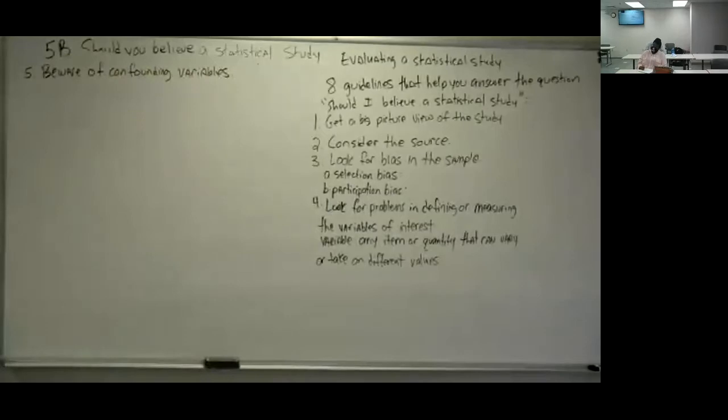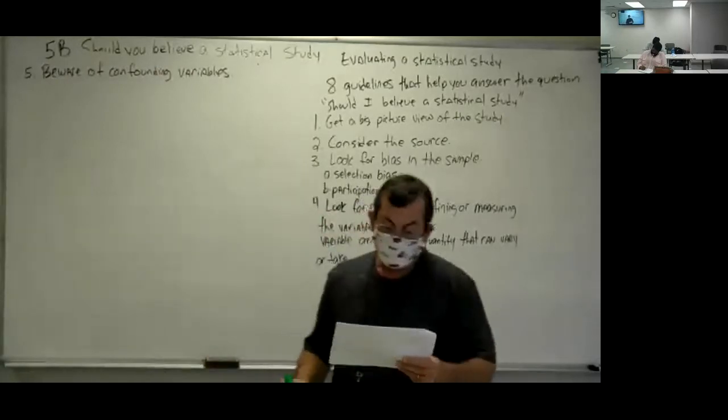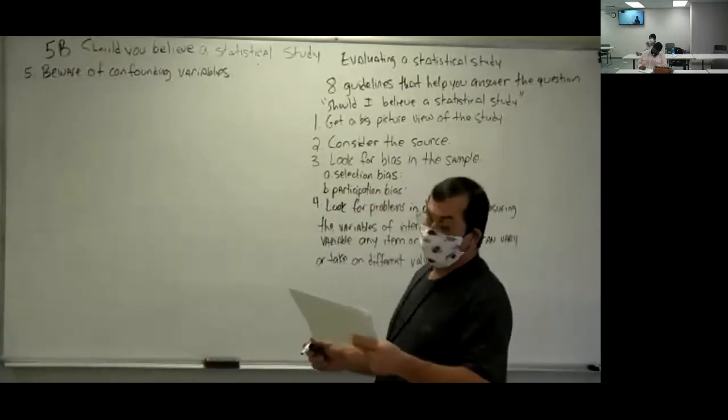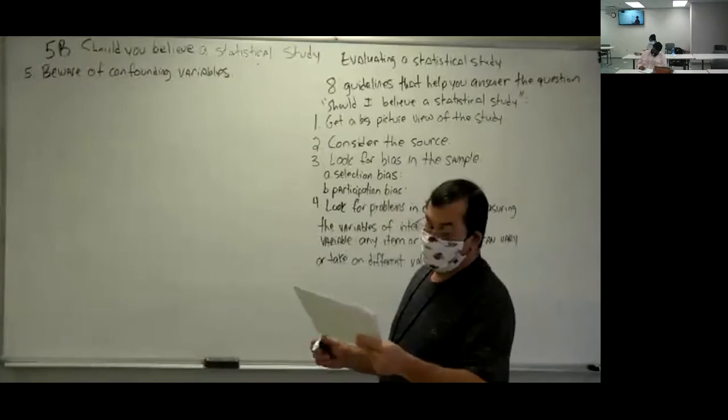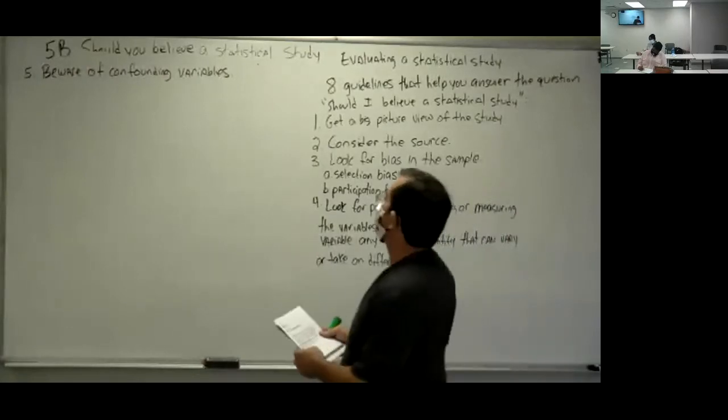What they mean by that is that variables that are not intended to be part of the study can sometimes make it difficult to interpret the results properly. Such variables are often called confounding variables because they confound or confuse the study's results.